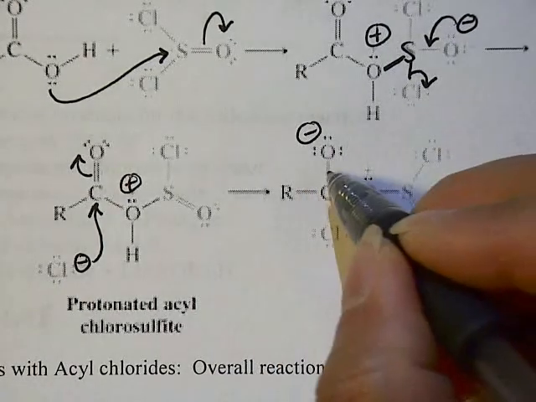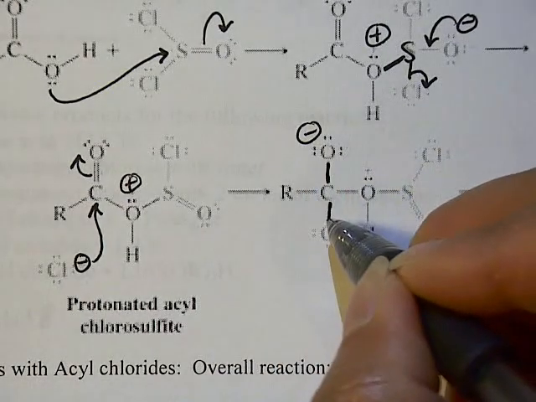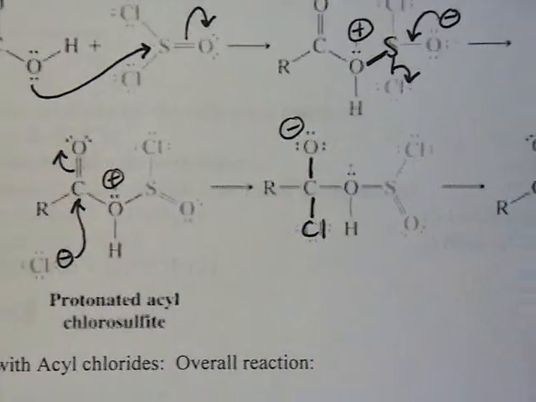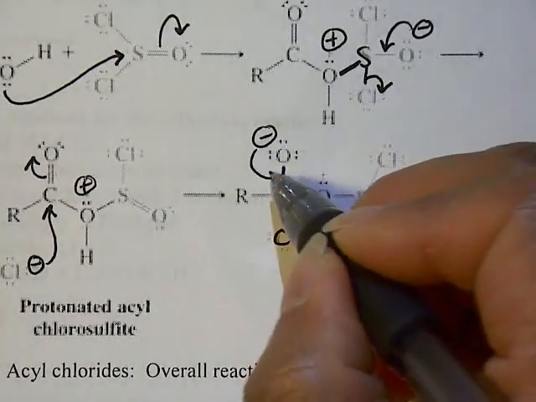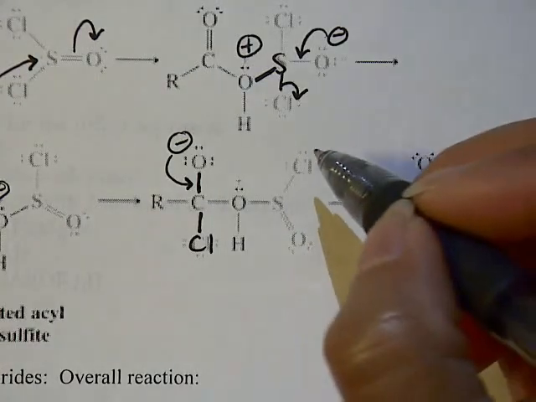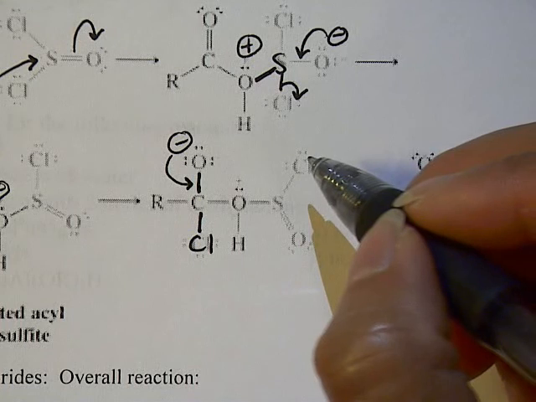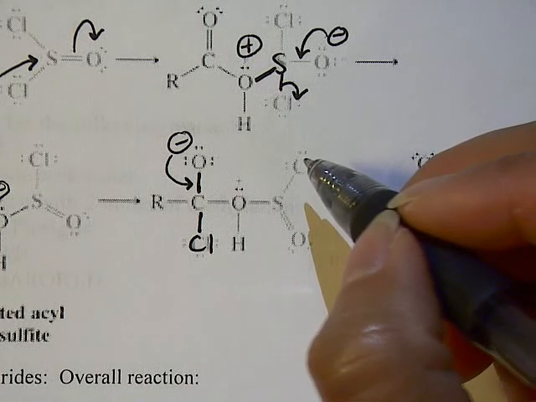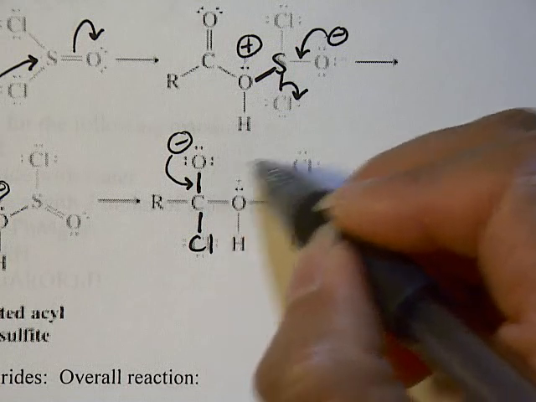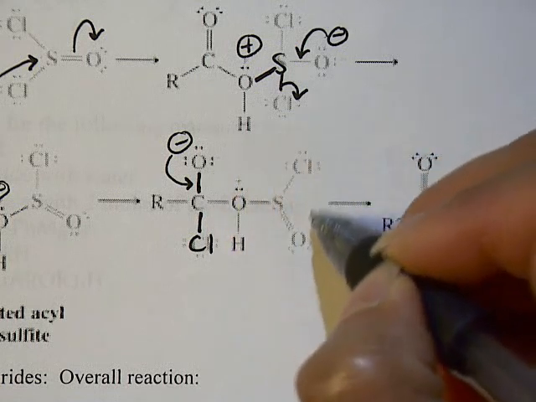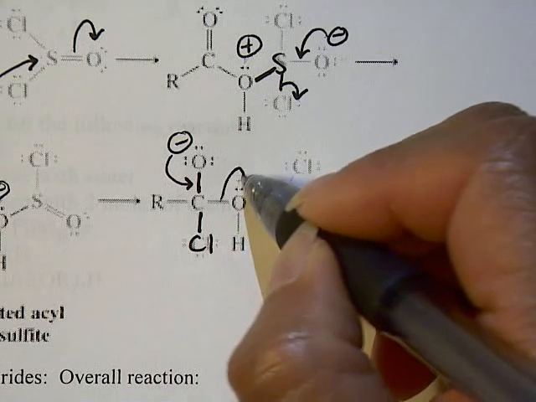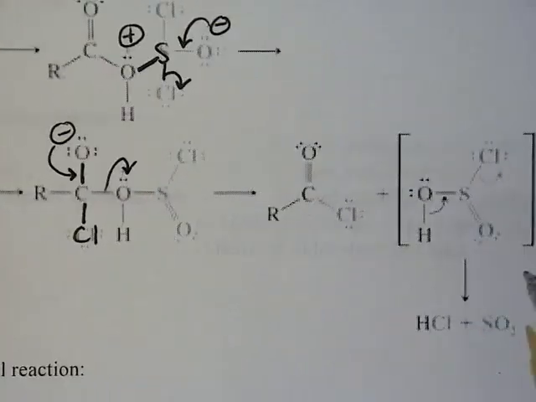So you have this intermediate where it's single bonded here, and you made a bond between the carbon and the chlorine. What happens then is the O minus comes down, as you've seen before, and you basically make this a leaving group, which is a good leaving group.